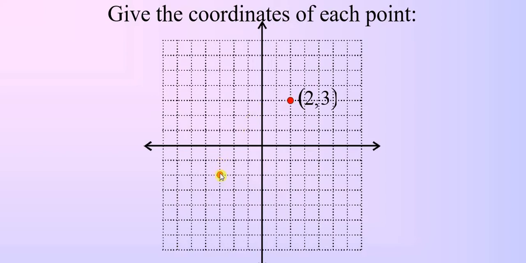We have another point here. Can we pause the video and try to locate where this point is in the Cartesian plane? Alright, so let's see. Since it's here in quadrant 3, this is quadrant 1, but here we're in quadrant 3, so we'll start counting from the origin, going to the left.